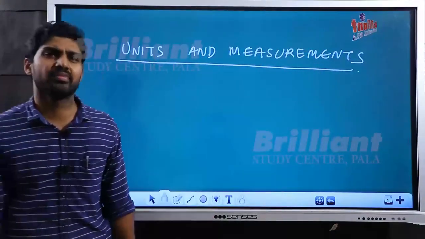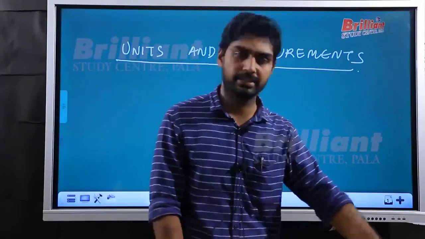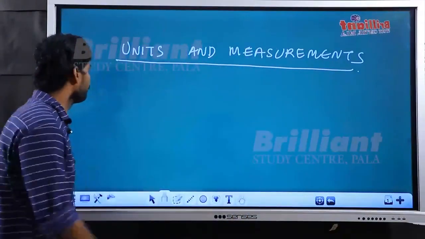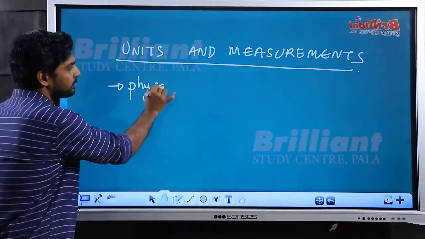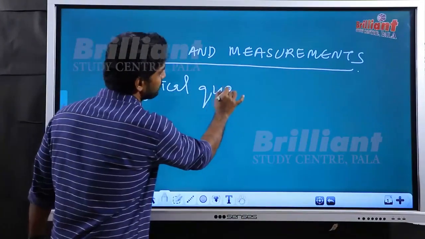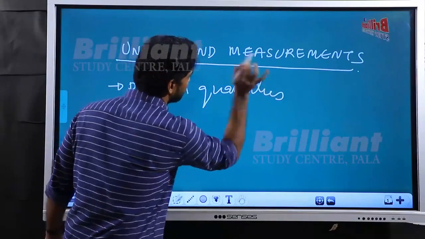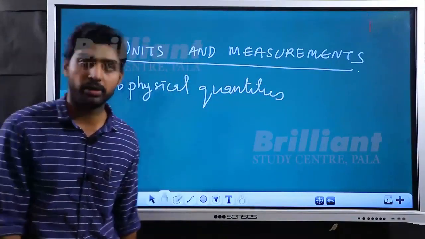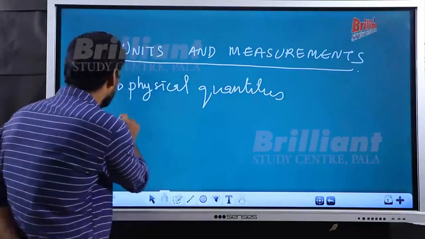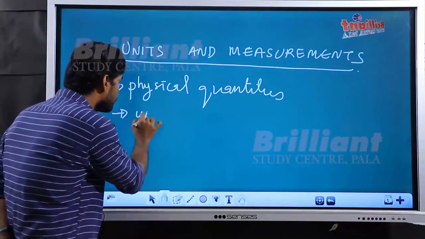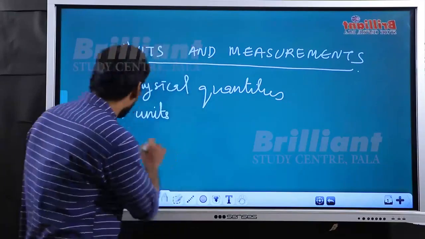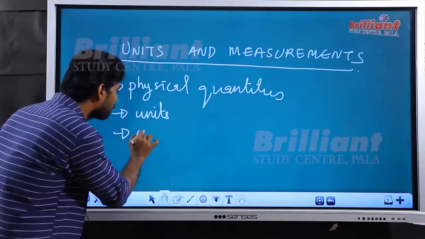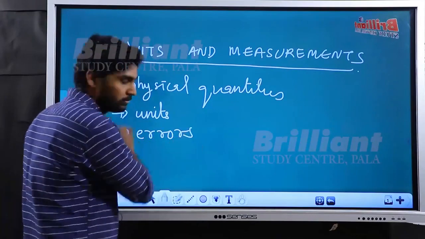So what are the topics that we are going to discuss? Here we'll be learning about physical quantities. We'll learn about units. We'll learn about how to take measurements and how to deal with errors.